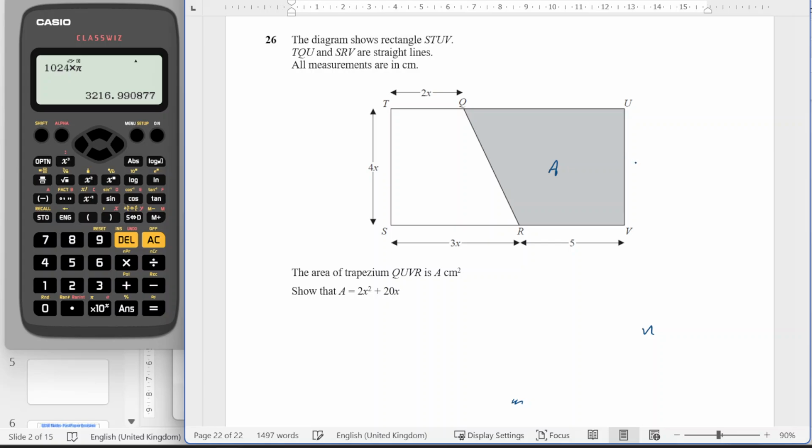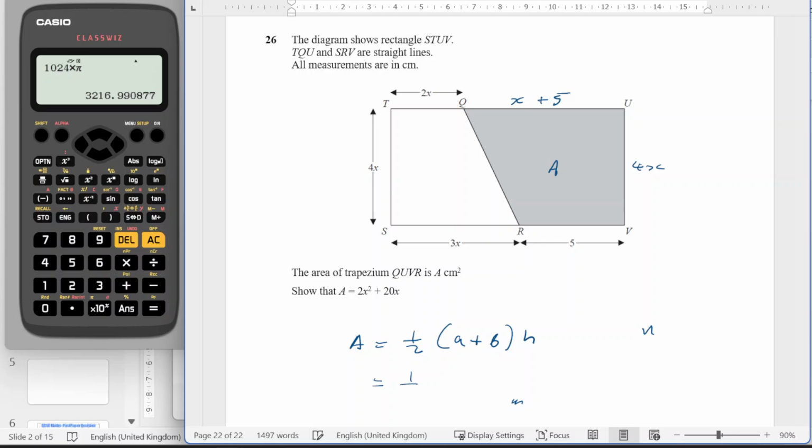The way I'm going to do this is I'm going to say that that's going to be 4x. And then this length here, if this is 2x, 3x plus 5, and this is 2x, this must be x plus 5. And then the area of a trapezium is equal to a half of a plus b times by h.